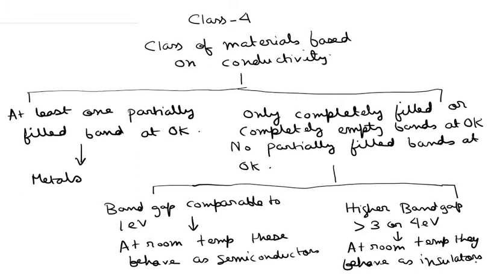So at room temperature also, the valence band of these materials is completely filled and the conduction band is completely empty. So at room temperature, these materials exhibit zero or near zero conductivity, and these materials are known as insulators. I hope it is clear to all of you now.